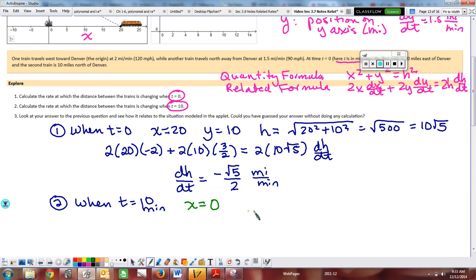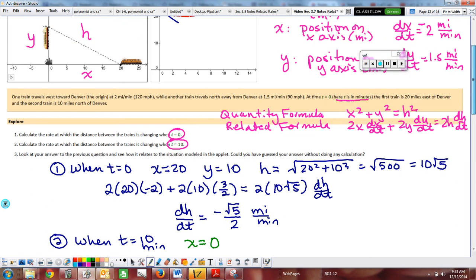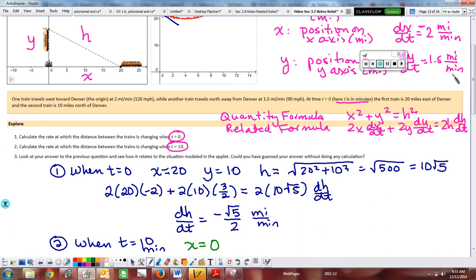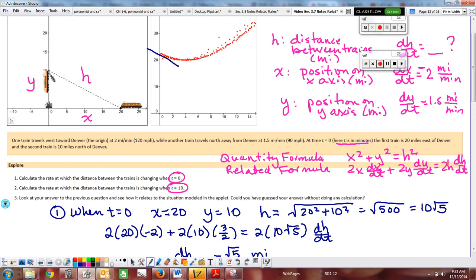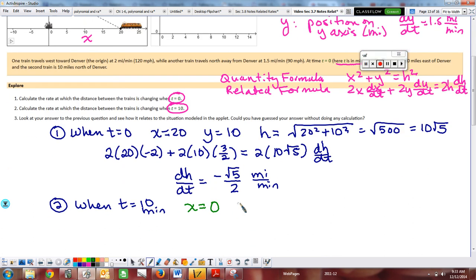And then when t equals 10 minutes, my y was moving at 1.5 miles per minute, and we've gone for 10 minutes. That would be 15 miles. So this train was at 10 and it's gone 15 more miles in this direction, so you would be at a position of y equal to 25. Okay, so I did have to do a little work to figure out where I was.